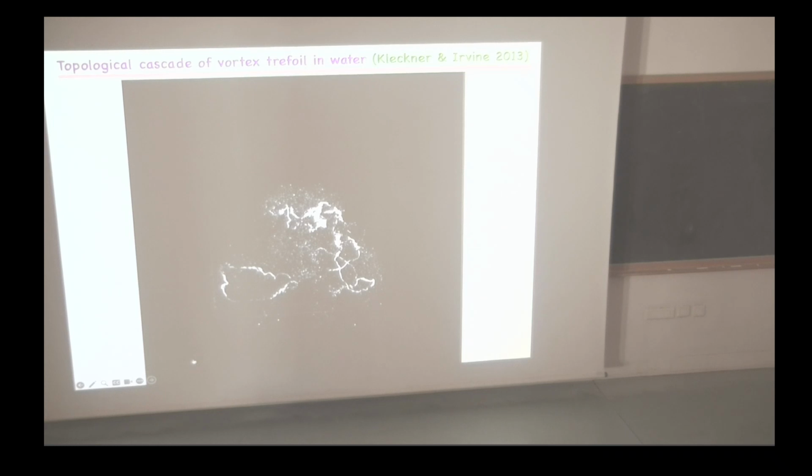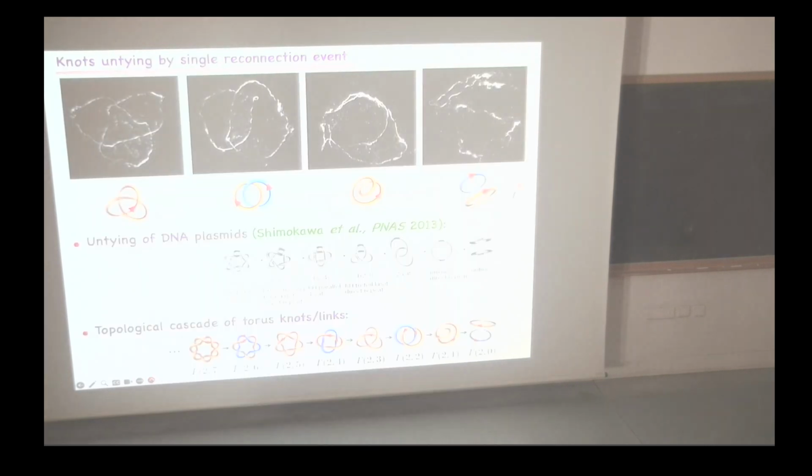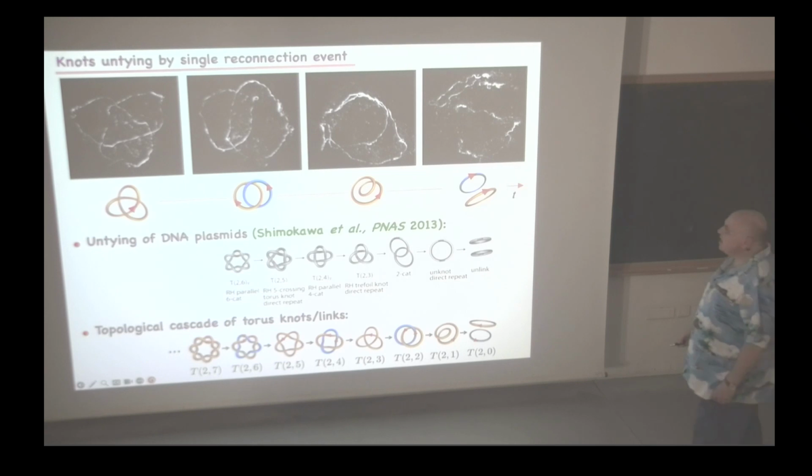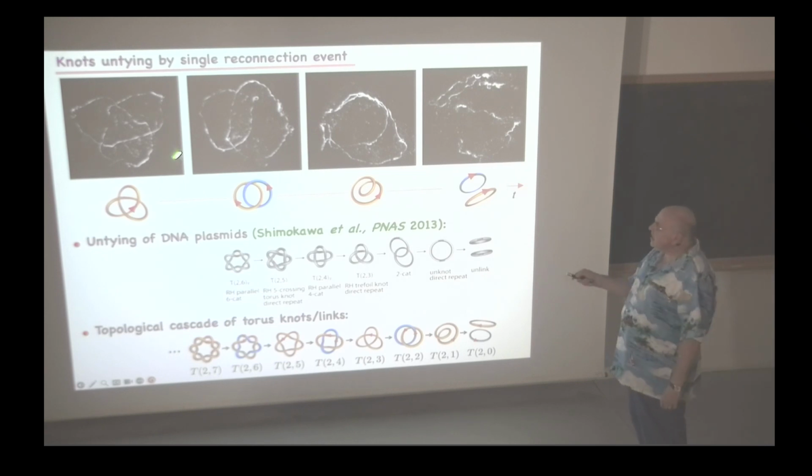Another reconnection, you go from a link to the only choice you have, separated unlinked unknot loops. So this is the idea. You take a trefoil, you allow a reconnection, and then you have a Hopf link of two loops, and then one highly convoluted loop.